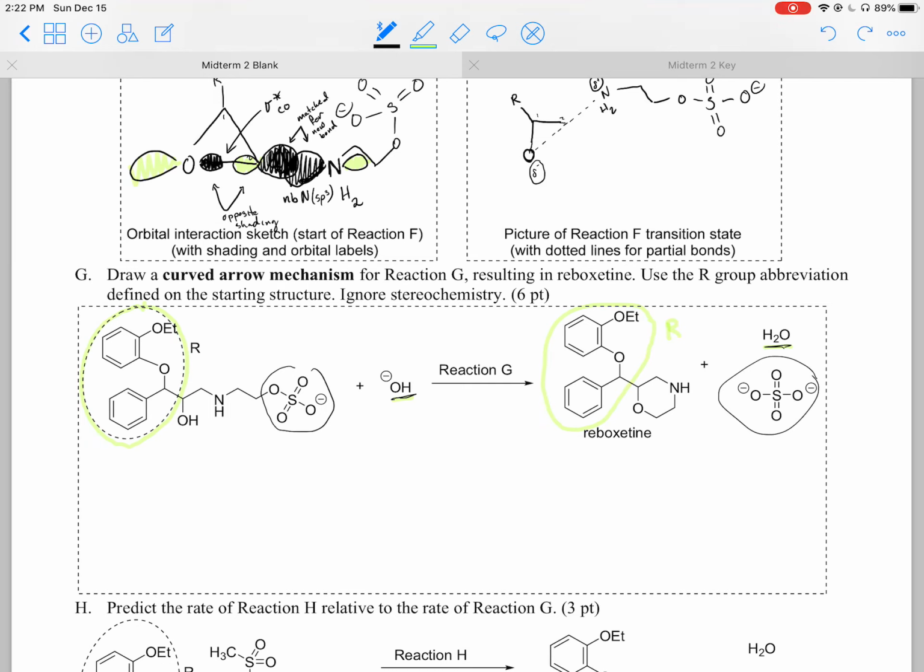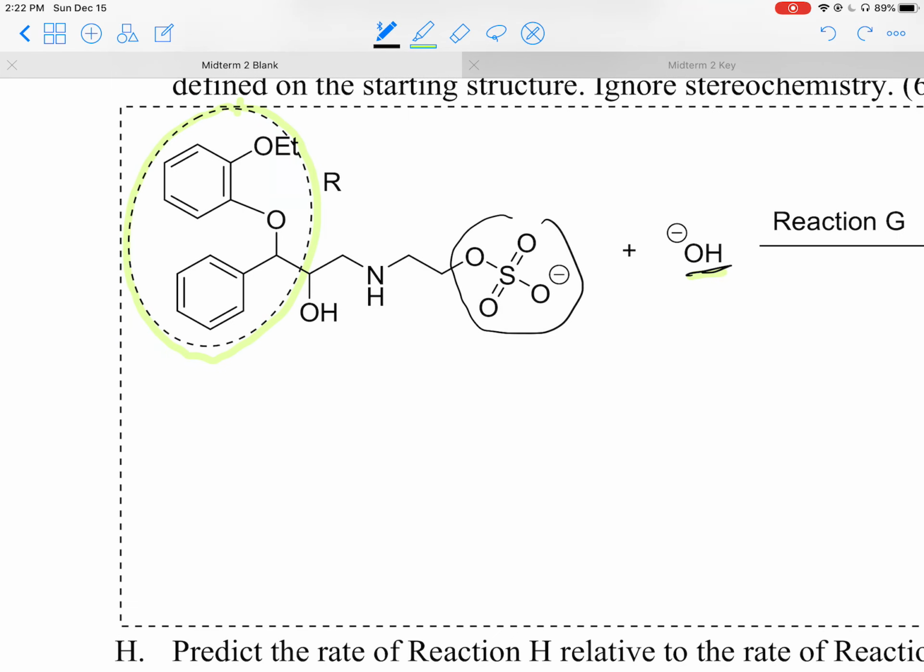And so, yeah, what will be first? Acid base is usually going to happen first. So let's just draw this starting material with the R group. So we have R, and we have this carbon here. Let's number these 1, 2, 3, and 4. Okay. So this is number 1. That's connected to OH.